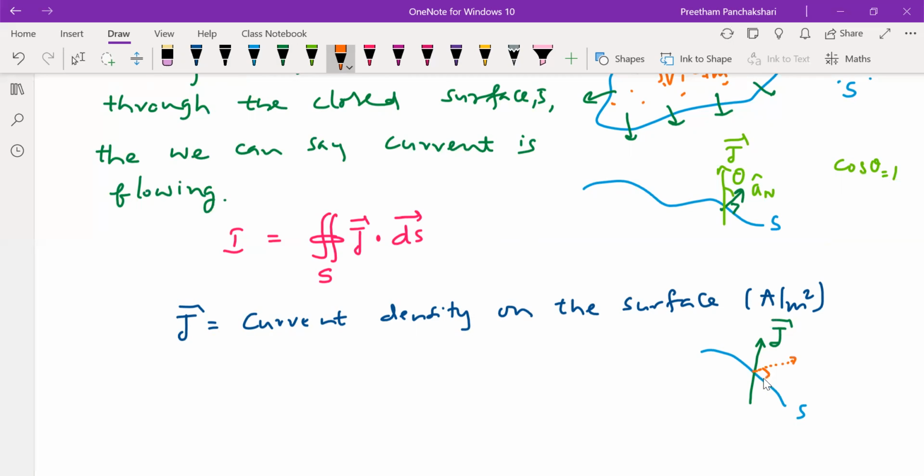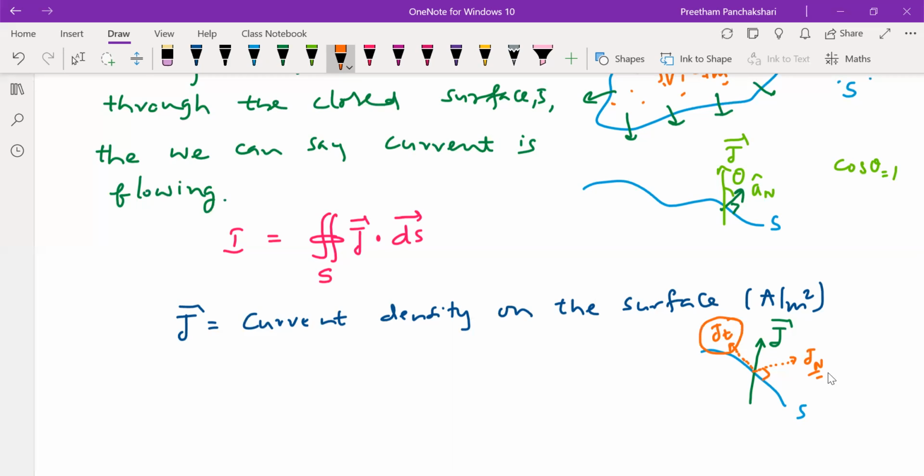One is perpendicular to the surface, another one is tangential, or parallel, to the surface. So J is split into two components, Jn, the normal component, and Jt, the tangential component. Jt will not pass through the surface, but Jn will.